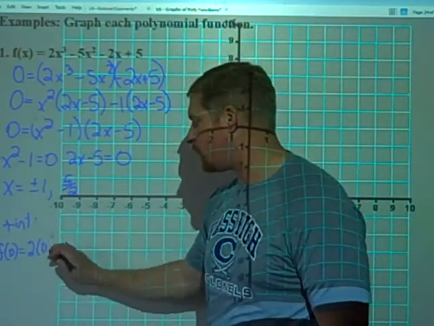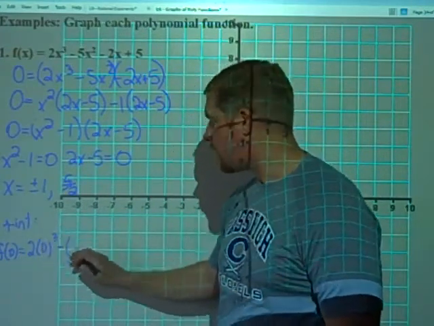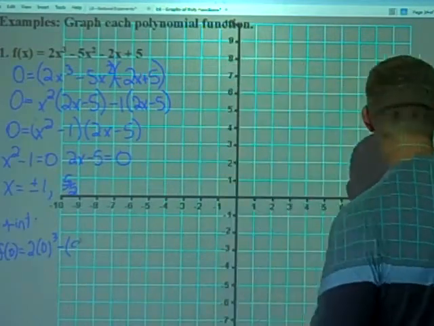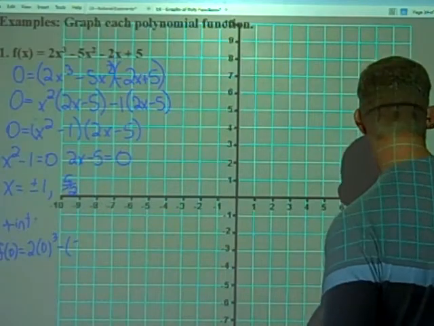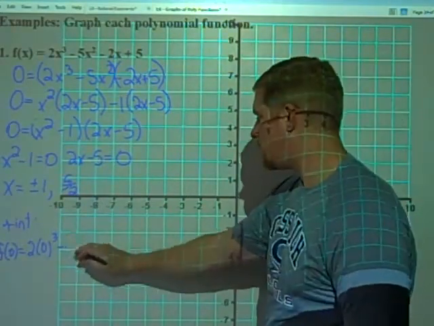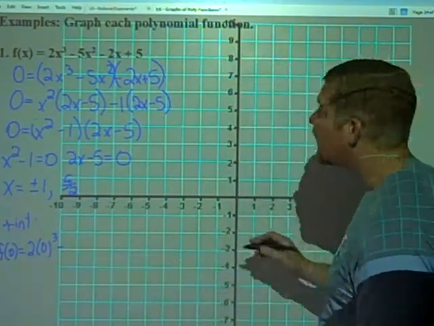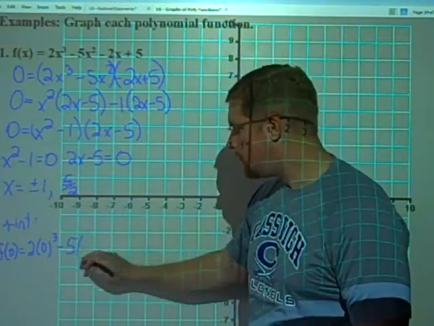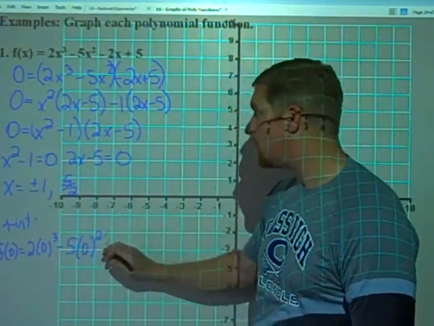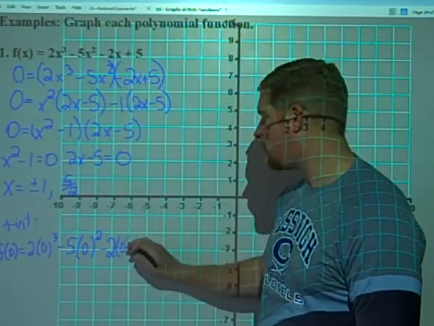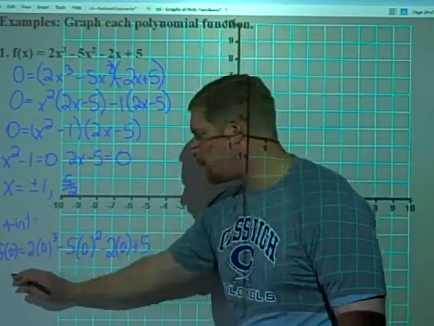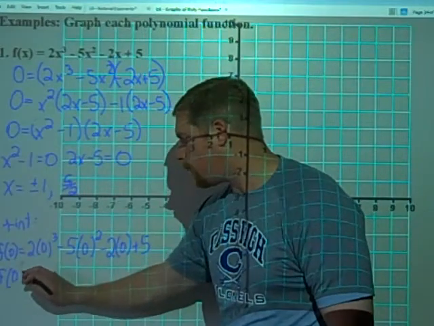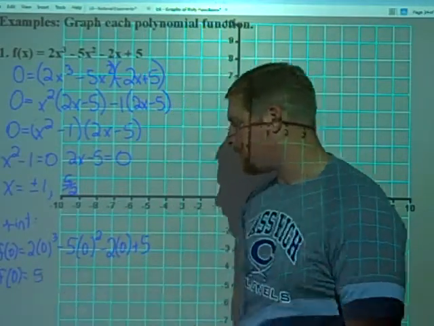That's 2 times 0 cubed minus 5 times 0 squared minus 2 times 0 plus 5. All of these become 0, and our y-intercept ends up being 5.